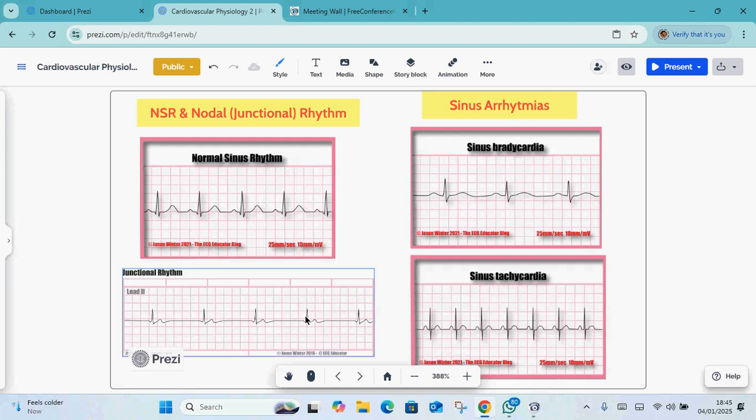Do you all know how to measure the RR interval? Yes, Dr. Ammar. You measure it by the big boxes. So in this one, for example, 5 plus 5 plus 5 plus 5 is 20, plus 2 here. It's not right in the middle. There are 2 here. So this is 22.